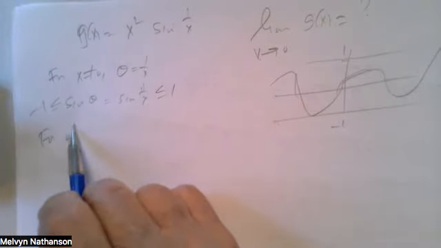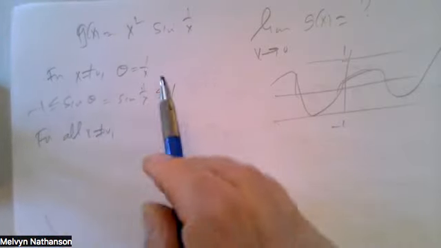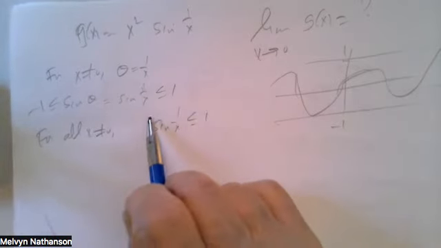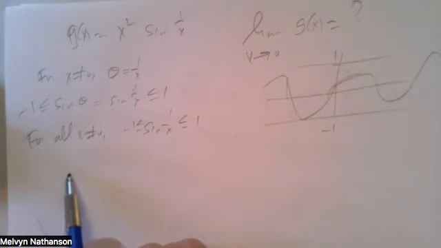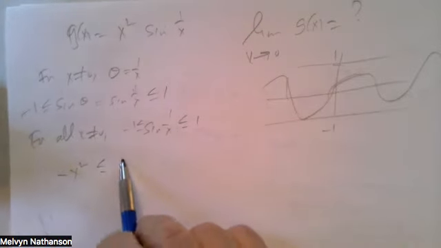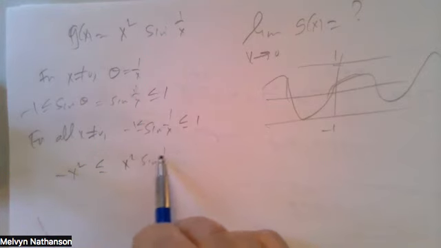So that is for all x not equal to 0, the sine of 1 over x is between 1 and -1. So if I multiply by x squared, minus x squared is less than or equal to x squared times the sine of 1 over x, which is less than or equal to x squared.